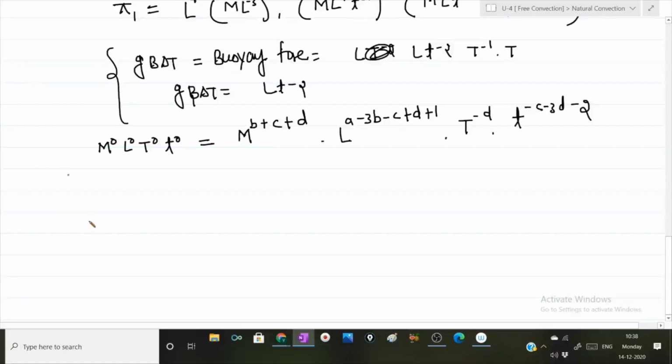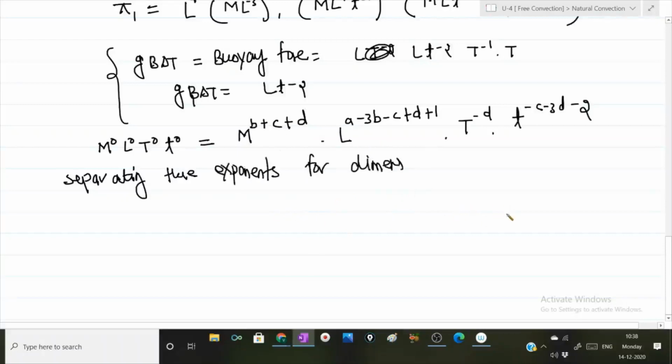Now separating the exponents for dimensional homogeneity, that is separating the exponents of M, L, t and capital T. So what is the meaning of dimensional homogeneity?